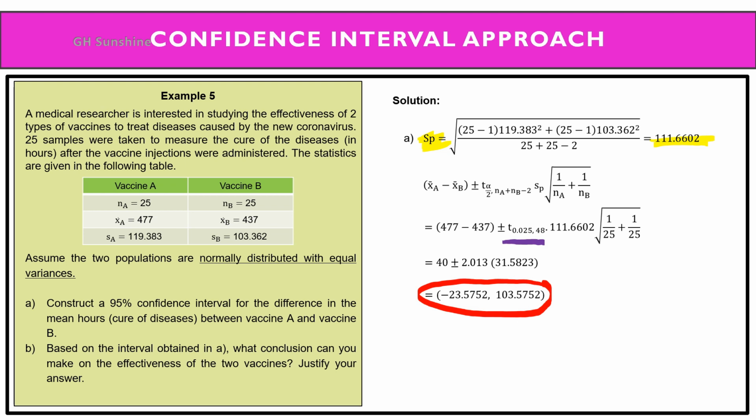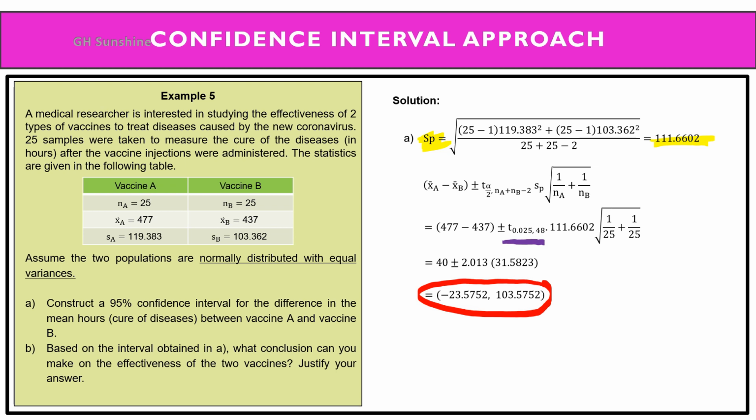So are the two vaccines equally effective or not? Look at the interval value. Is there any zero value within the interval?